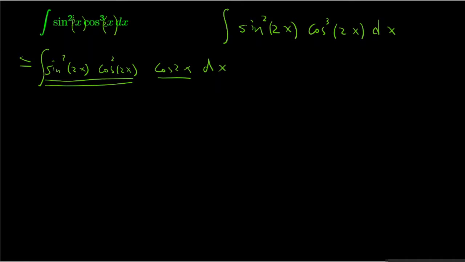Please write something in the chat. Yeah, the trig identity we need to use is this factor, cos of 2x, the whole thing squared, can be written in terms of sine of 2x, the whole thing squared.